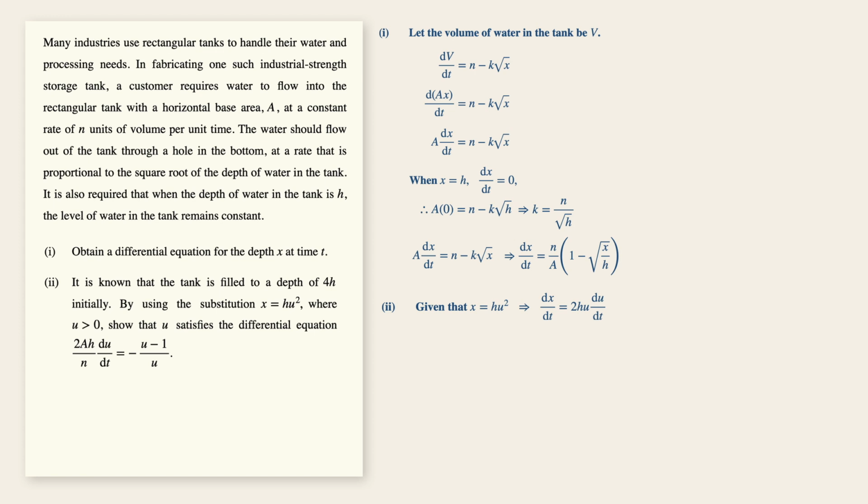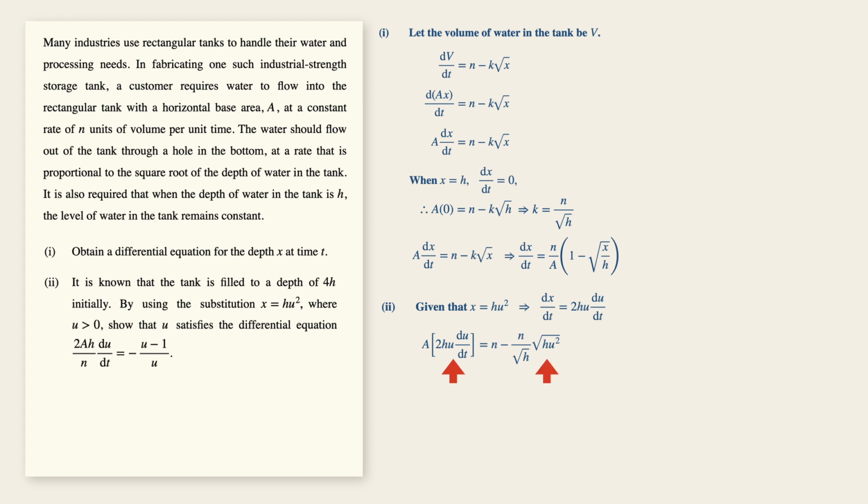This is an implicit differentiation with respect to t, so we need to add in this du/dt term. Next, replace dx/dt with this expression and replace all the x that you see in this expression with hu squared.